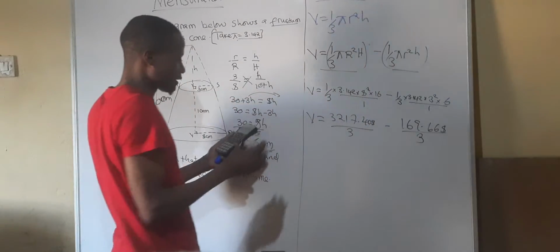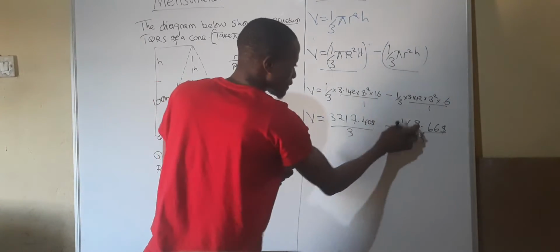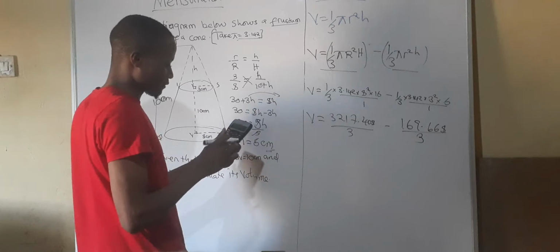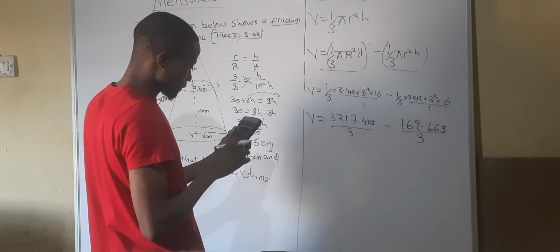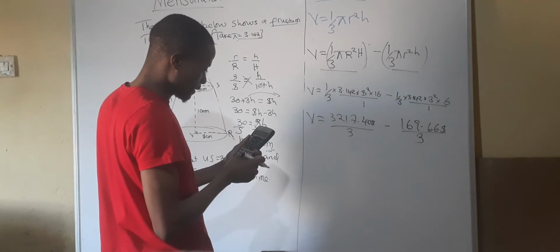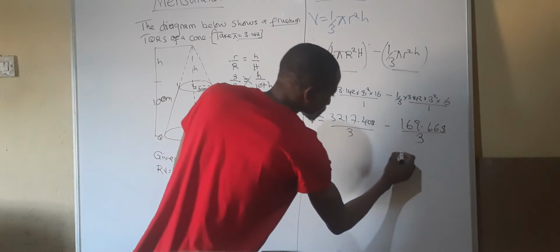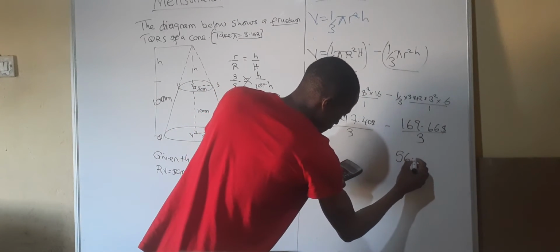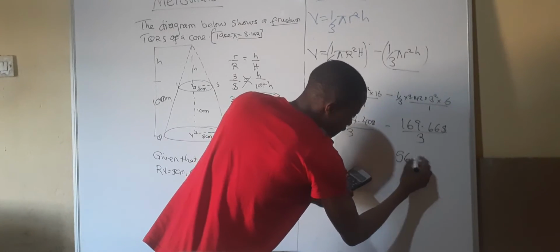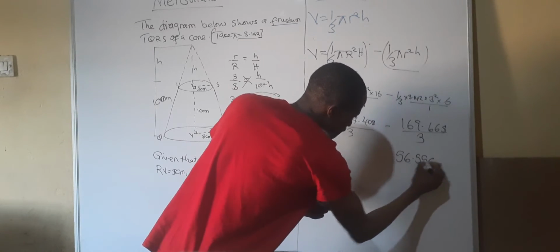Okay, so we can divide that by 3. So the answer I got divided by 3 gives me 56.556.